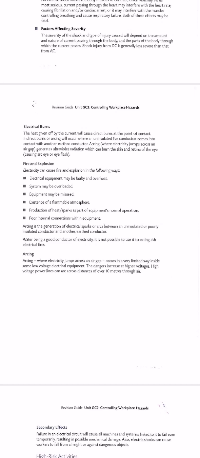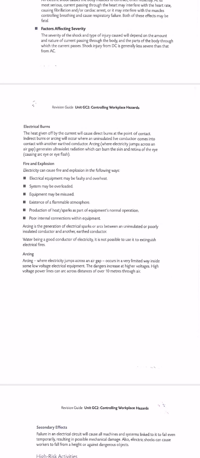Arcing is the generation of an electrical spark between an uninsulated or improperly insulated conductor and another live conductor. So poor installation of equipment can also ignite explosion and fire, right?